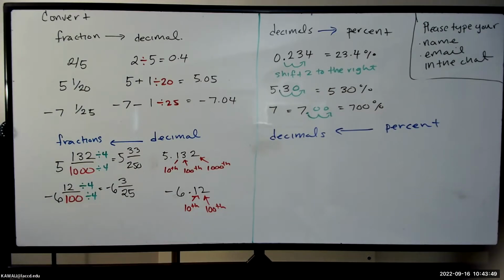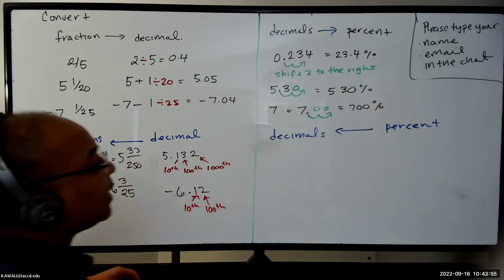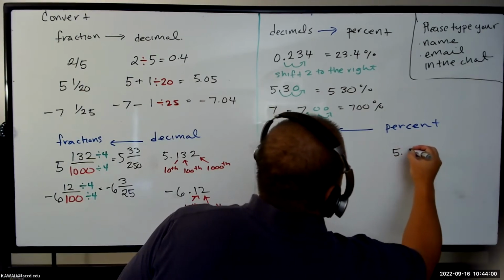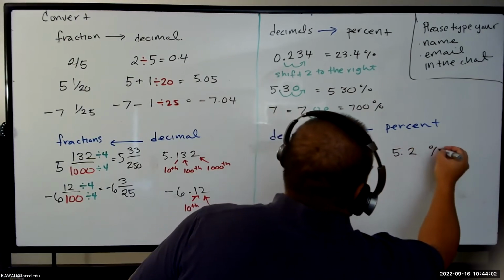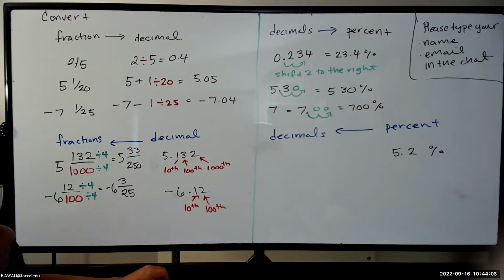Okay, so now we want to go from percents to decimals. Let's say I have something like 5.2%. Okay, what we want to do is shift 2 to the left.